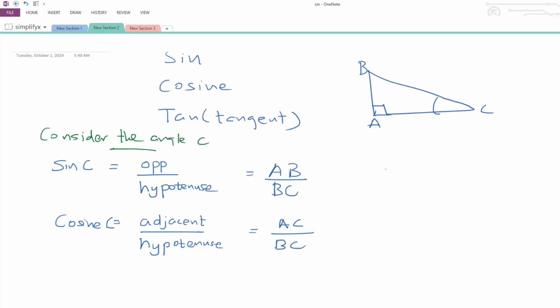Then let's find the tangent of this angle C. We call tangent as tan in trigonometry. Then tan C equals, it's ugly, so let's erase and rewrite it.